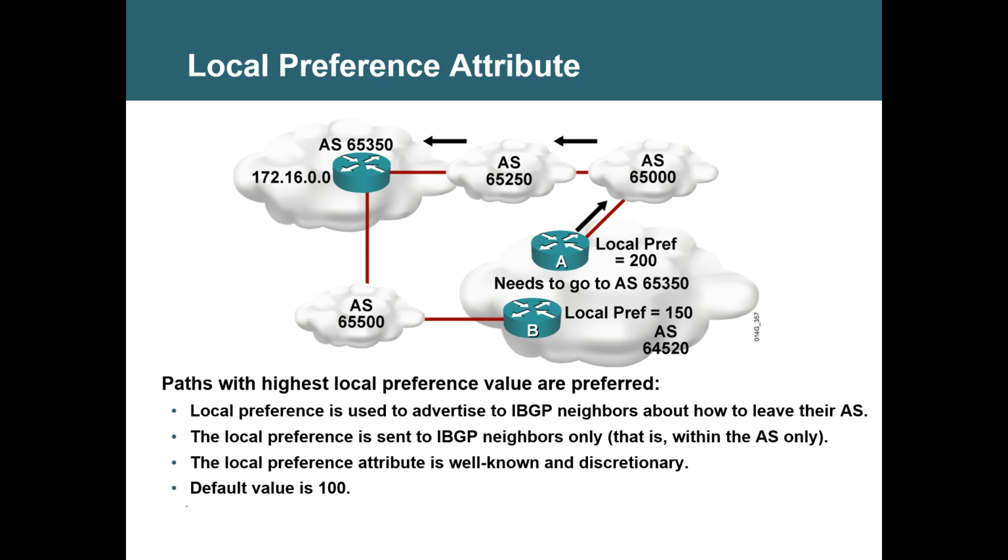For all here means for all routers in this autonomous system to go out to other autonomous system, the router with the higher local preference will be the preferred exit. In our example here, router 2 will be the exit in order to reach that 170.16.0.0 network.